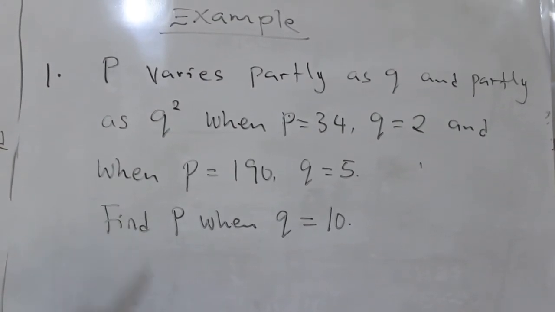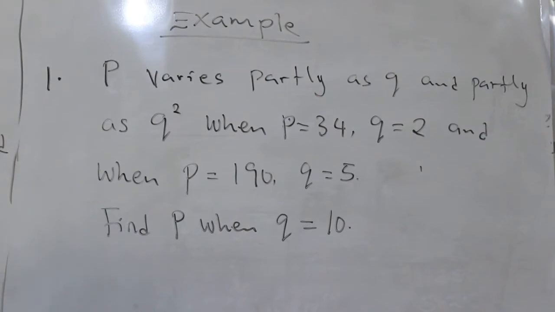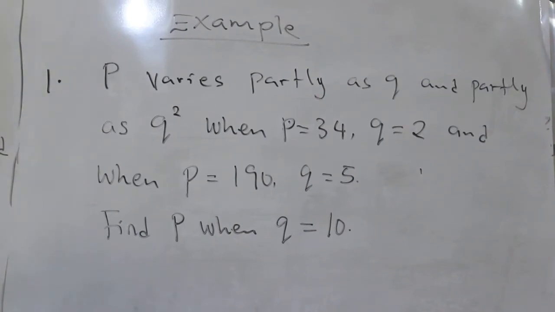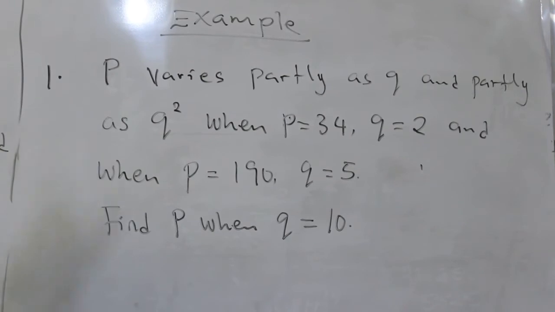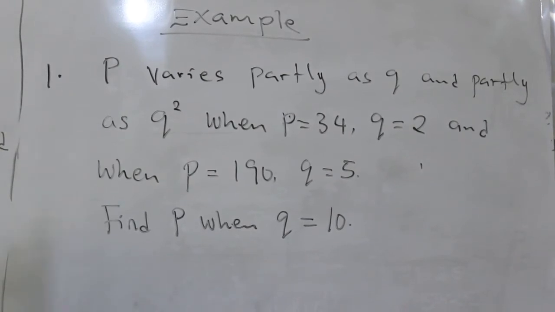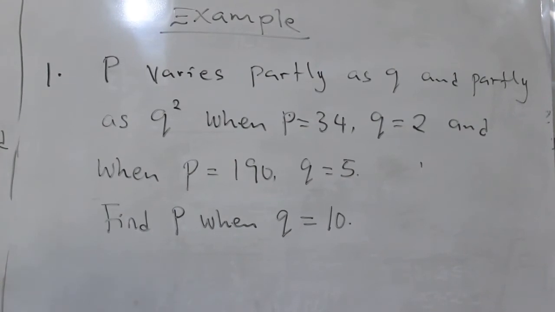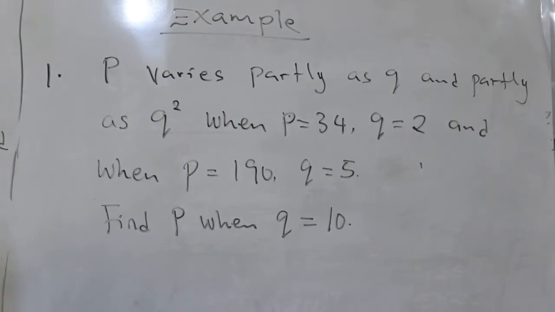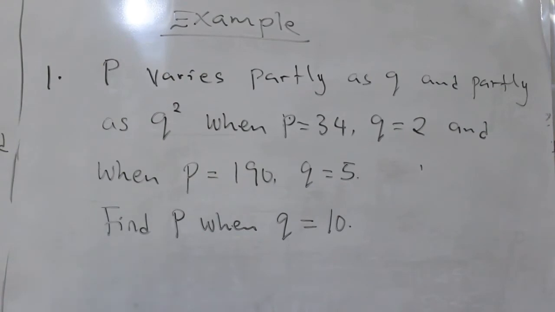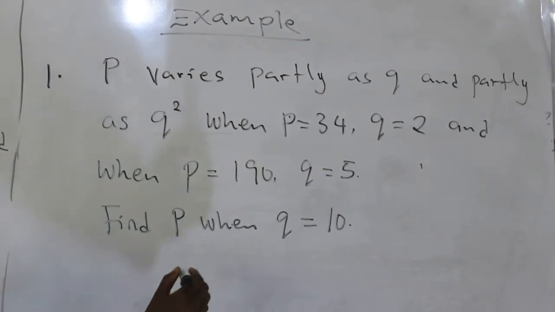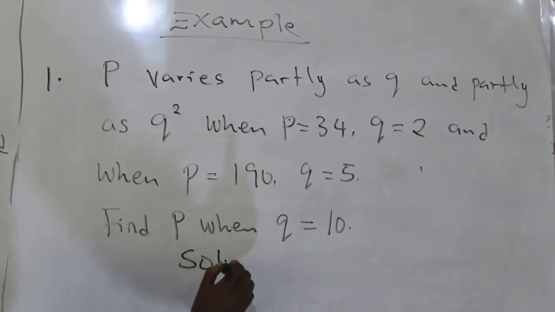So in this case, you have to find the value of the constant. Let's find the value of the constant. Then you now find the relationship that connects these variables p, q, and q squared before you can proceed with any other question. So let's take the solution.